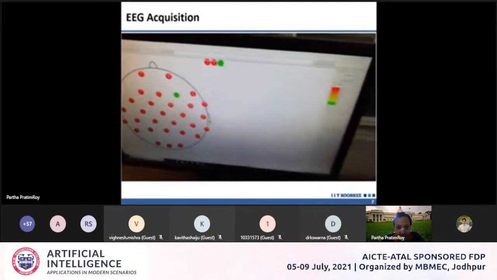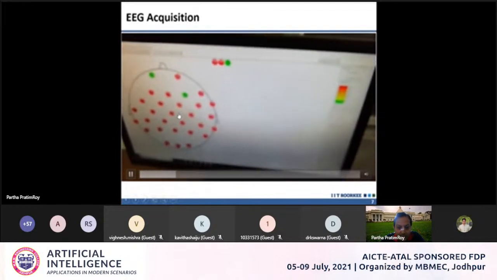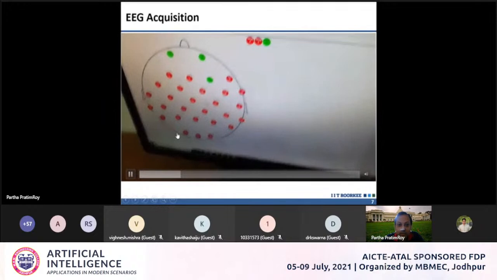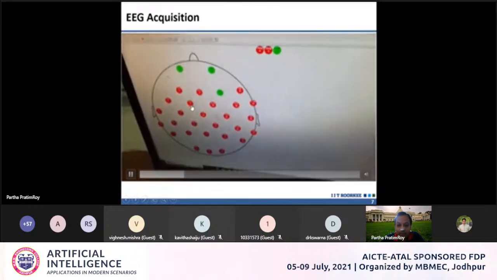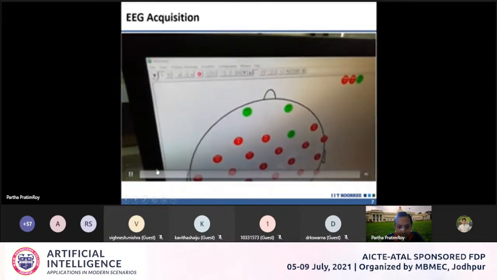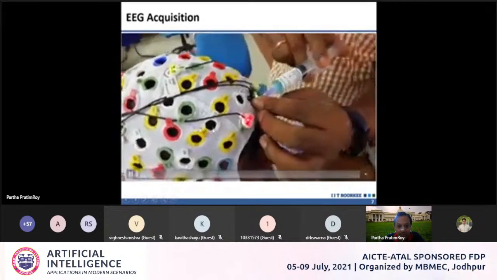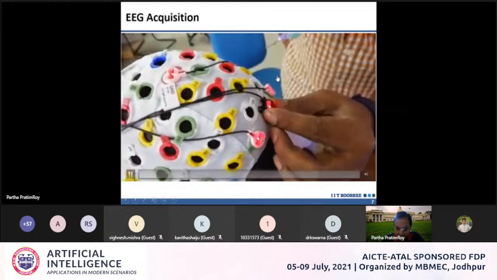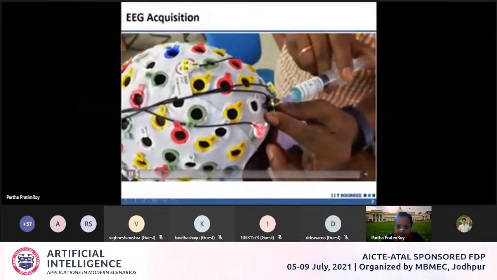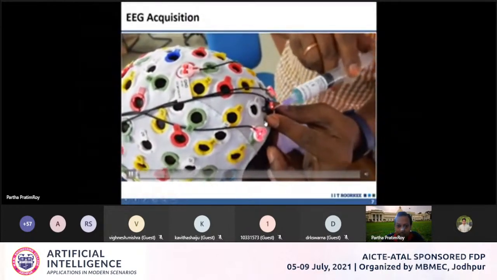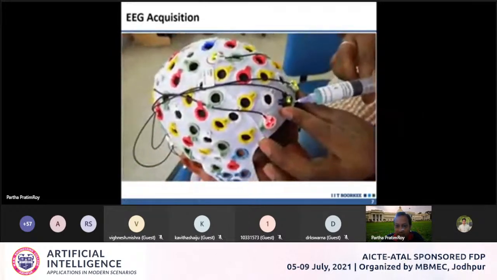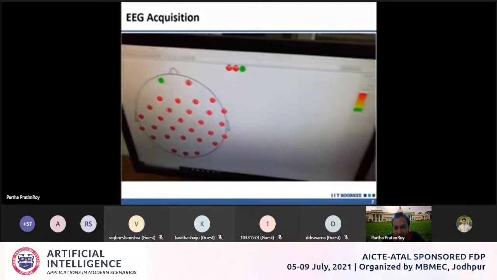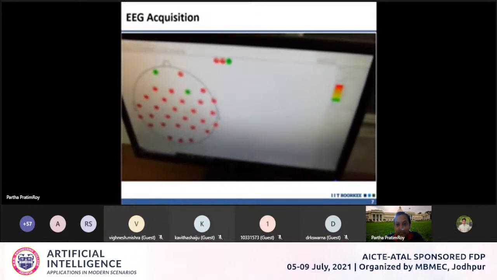I will discuss that. This is connected in the GUI with this device. This person is putting some gel between the electrode and the scalp, the skin, so that the connectivity will be better and we will get the signal without much noise.